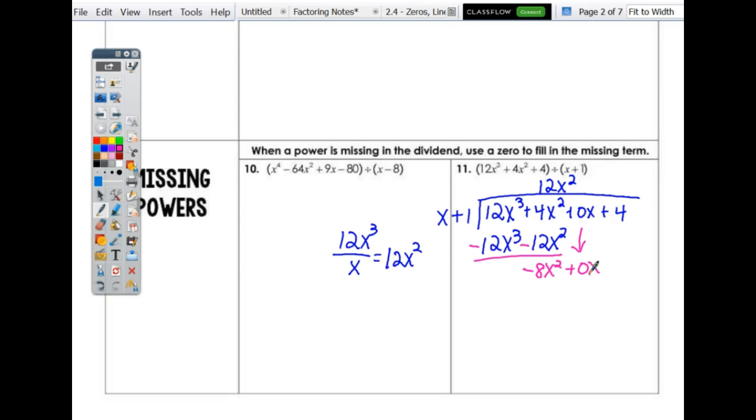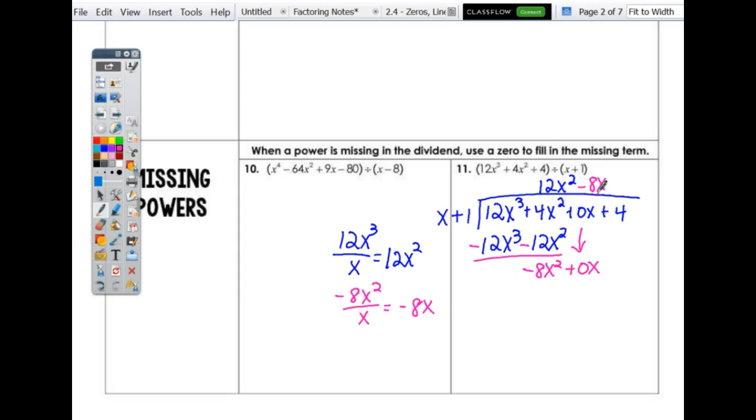I haven't made any errors yet, right? Okay, so then I'm going to take the minus 8x squared and divide by x. Gives you minus 8x, right? So that's going here. And I'm going to multiply.